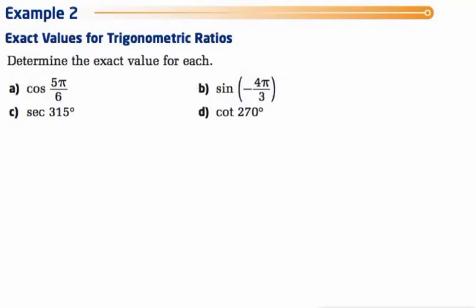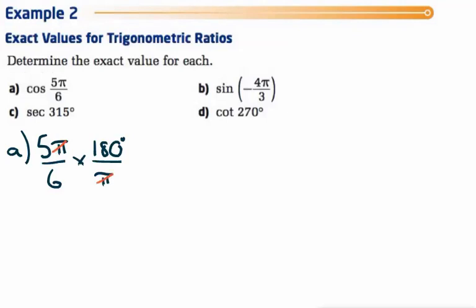Finding the exact values of trig functions involves taking a look at those tables that we created in the last section. We created those tables in degrees, so A and B are a little bit off. We need to take those radians and convert them into degrees first. So in question A, we have 5 pi by 6. To convert that into degrees, multiply by 180 over pi.